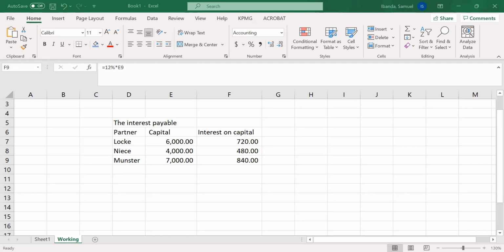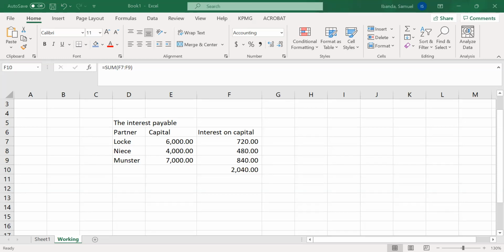And as you can see, if you add this together, this is 720, and this gives you about 480, 840, gives you that.